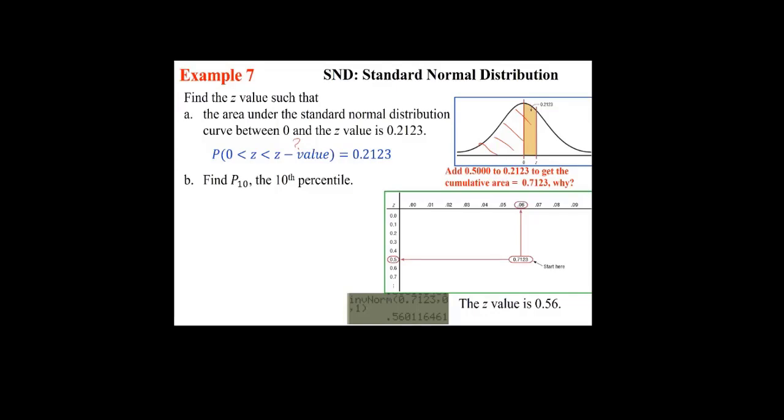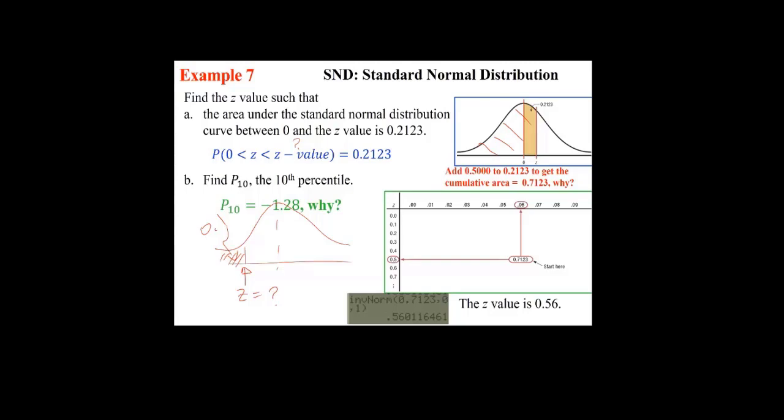Now, in this case, what's going on when we say find P sub 10, or the 10th percentile? So that means the area to the left must be 0.1. If we were to graph something, the idea of this concept, this area is equal to 0.1, and this z-score is missing. That's the meaning of that.